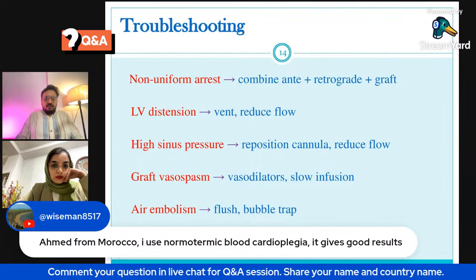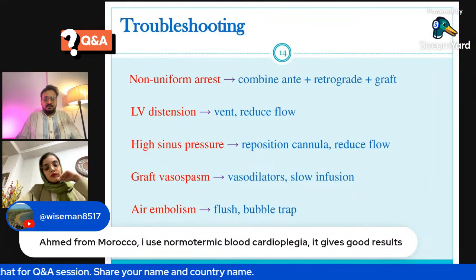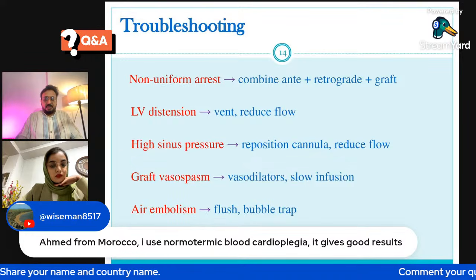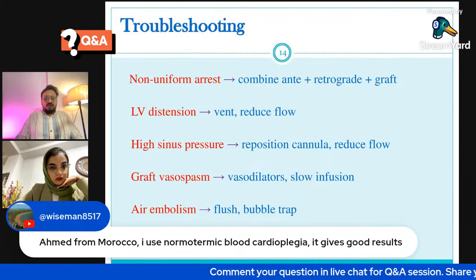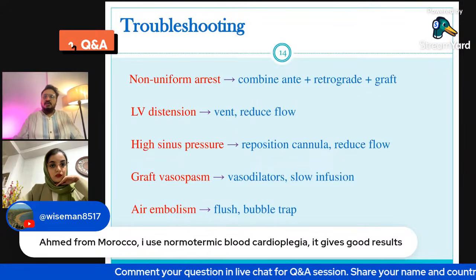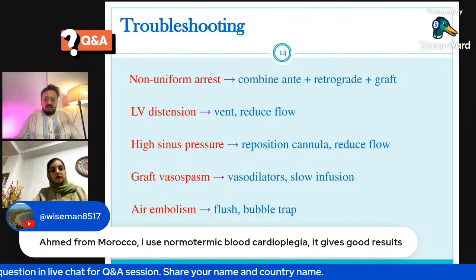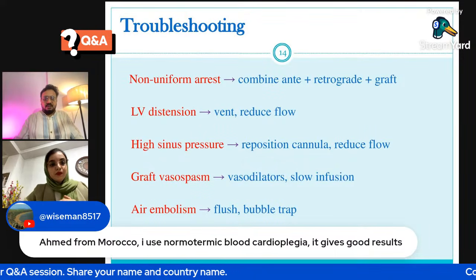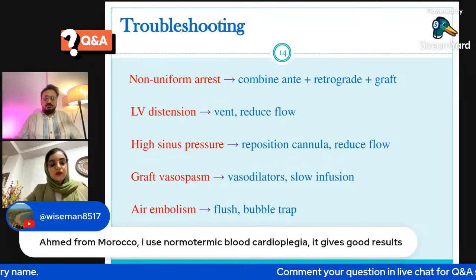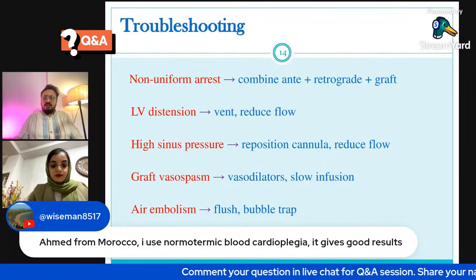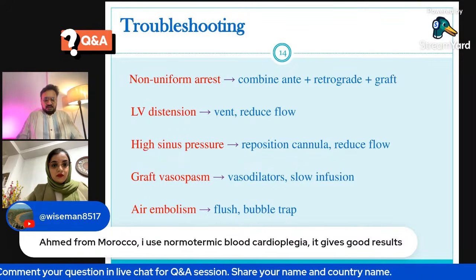The most important benefit is that it doesn't cause reperfusion injury after releasing the clamp. Because we maintain the myocardial activity, when we release the clamp and the coronaries are reperfused, the myocardium gets the oxygenated blood, and it doesn't have any reperfusion injury.